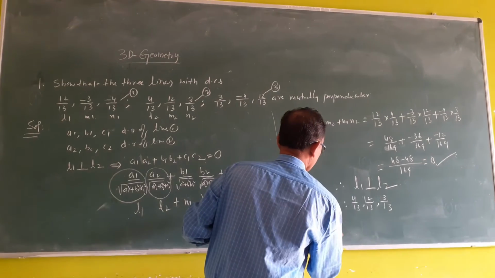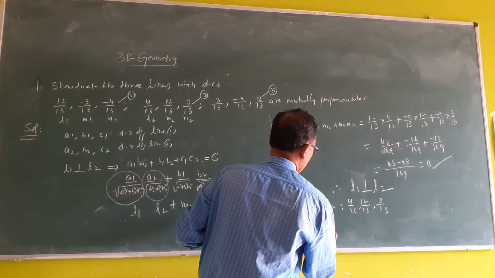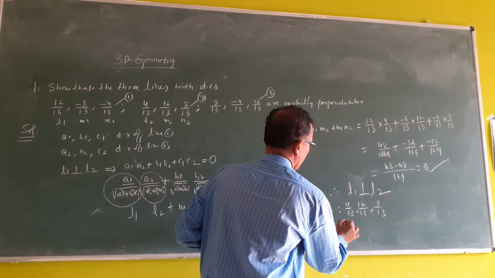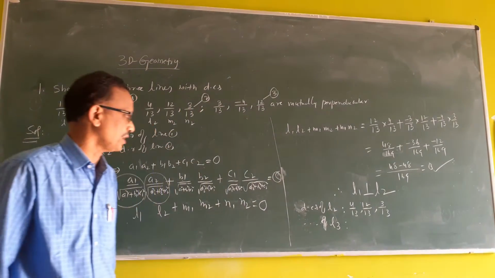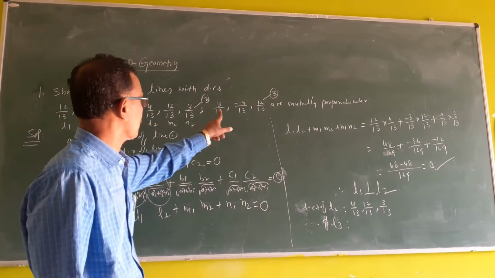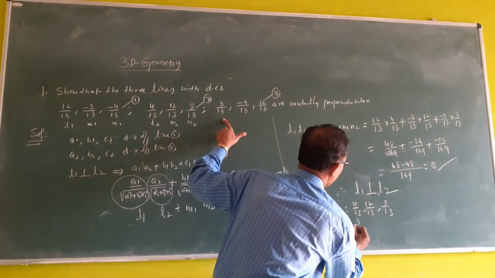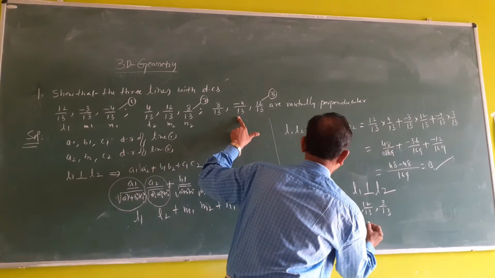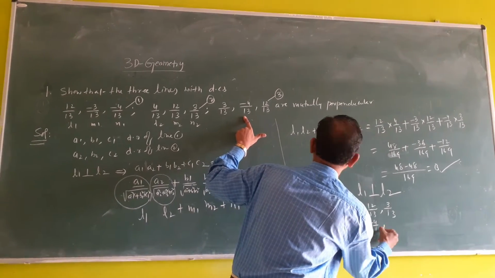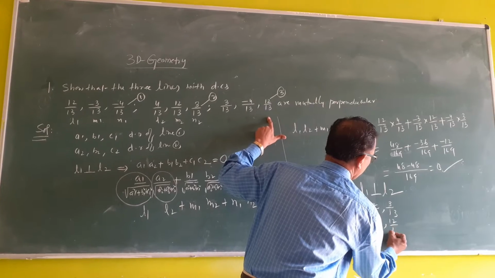Next, direction cosines of L3. So L3 direction cosines are 3 by 13, minus 4 by 13, 12 by 13.